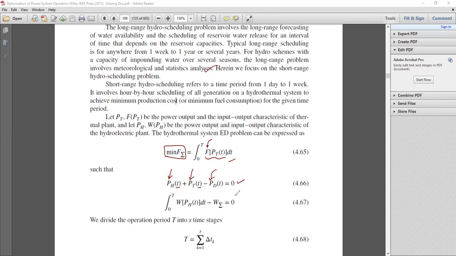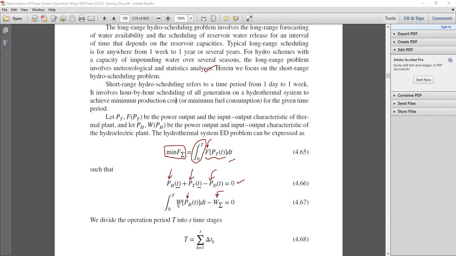Another equality constraint was how much water availability there is for the duration of time under consideration. That is, for capital T amount of time, how much water is available for your hydropower generation, so we can only use up to that amount. So the integral of W with respect to time, where W itself is a function of pH.